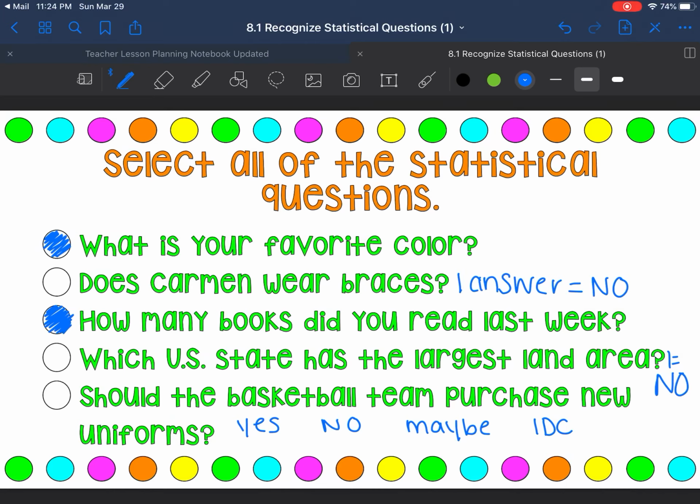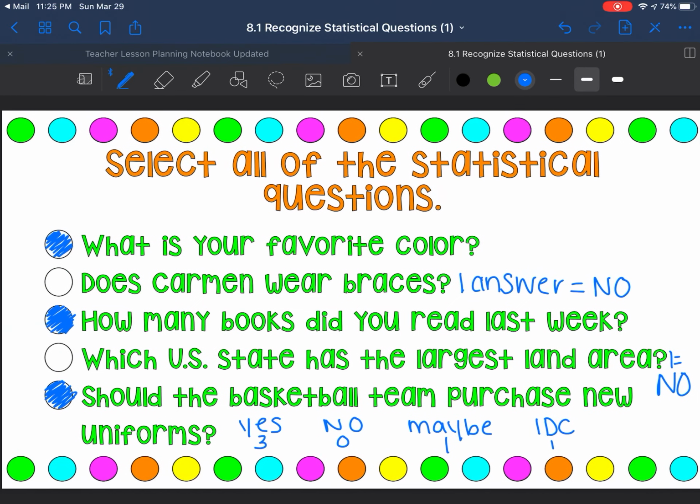Like for instance, maybe three said yes, zero said no, one said maybe, and one said I don't care, you have different answer choices. So different answers does in fact make it statistical. And that's it, guys. That is all we are doing when we are looking and identifying and recognizing statistical questions.